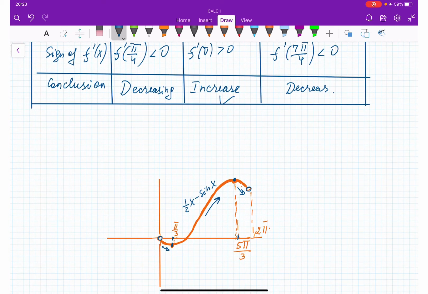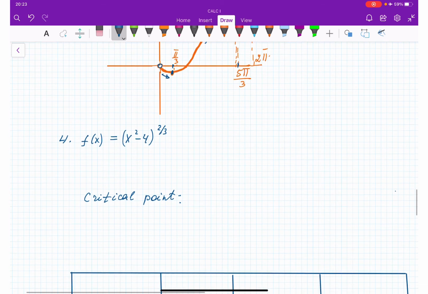Okay? All right. Moving to the next question. So using the first derivative test, we can identify where the graph is increasing, where it is decreasing, and the critical values.